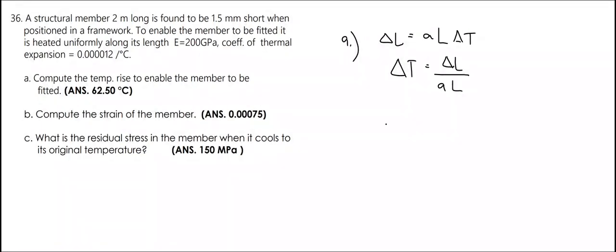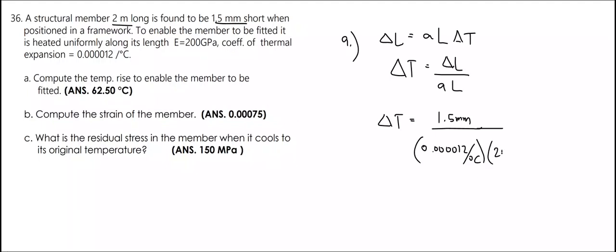So plugging in the known values, we have delta T equal to 1.5 millimeters, that is the change in length, all over the coefficient of thermal expansion, that is 0.000012 per degree Celsius, multiplied by the original length, that is 2 meters or 2000 millimeters.